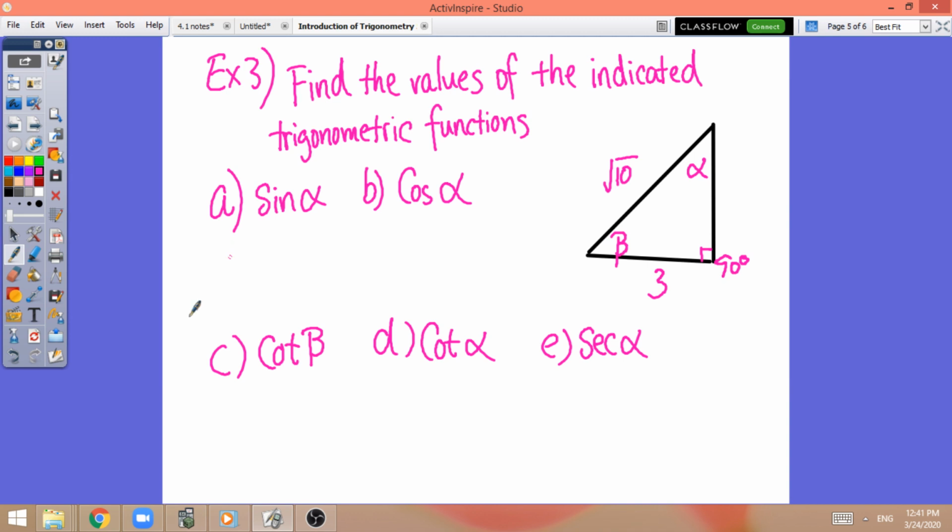So let's find sine of alpha. Again, opposite is missing here. If beta is the base angle, opposite is missing. If alpha is the base angle, the adjacent is missing here. By using the Pythagorean theorem, we'll find out what that is.